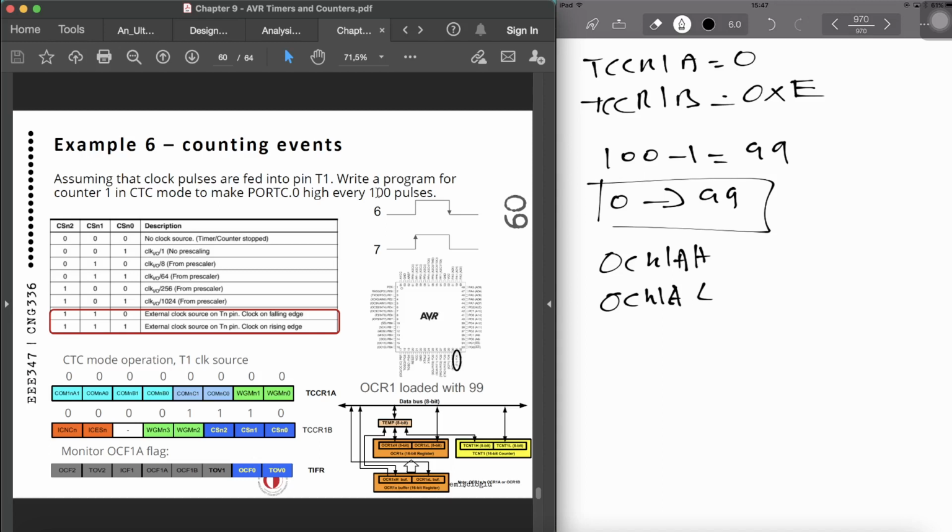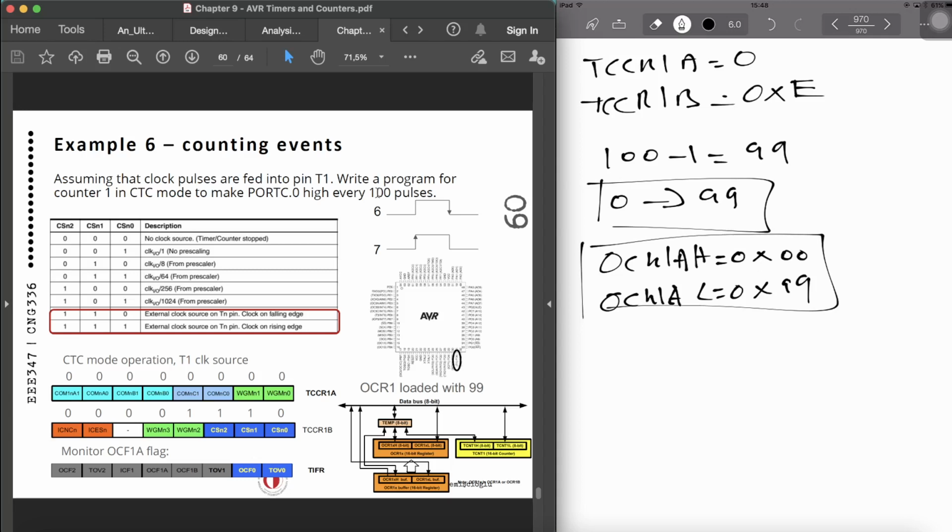The 99 fits: OCR1AH is going to be 0x00, and OCR1AL is going to be 0x99. So that will be loaded. And then TCNT, we don't need anything over there.